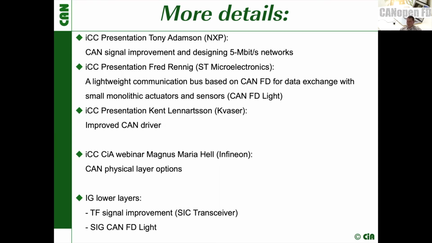What is the project about? It deals directly with light control. If you think about modern cars, they have hundreds of LEDs to control to bring the right light patterns, and to control this, they want to use FD frames because of the length of their payload.